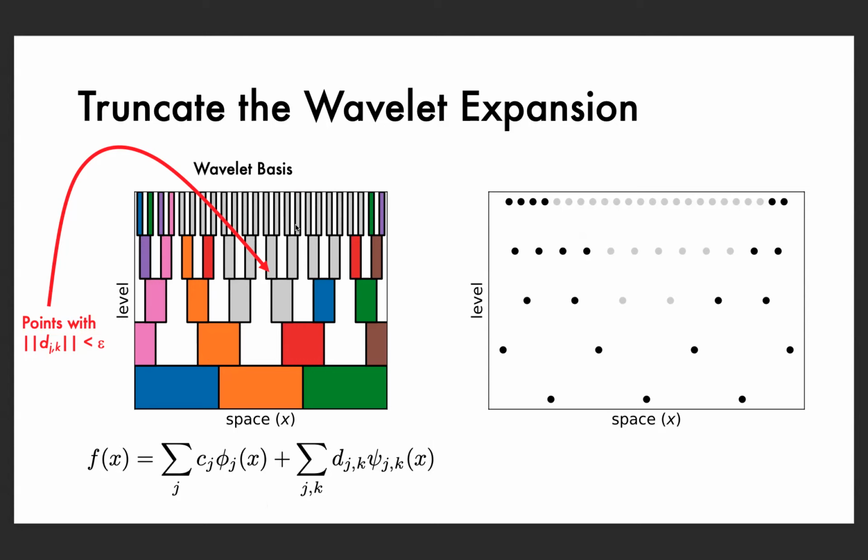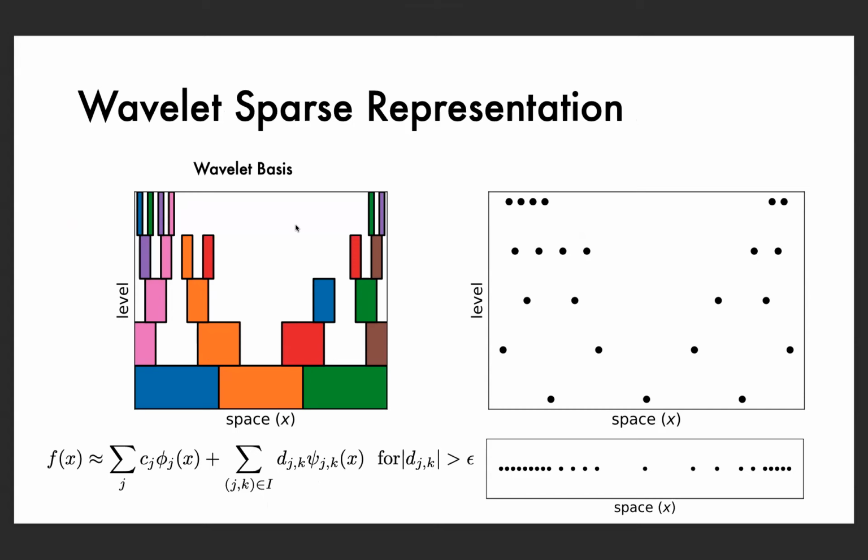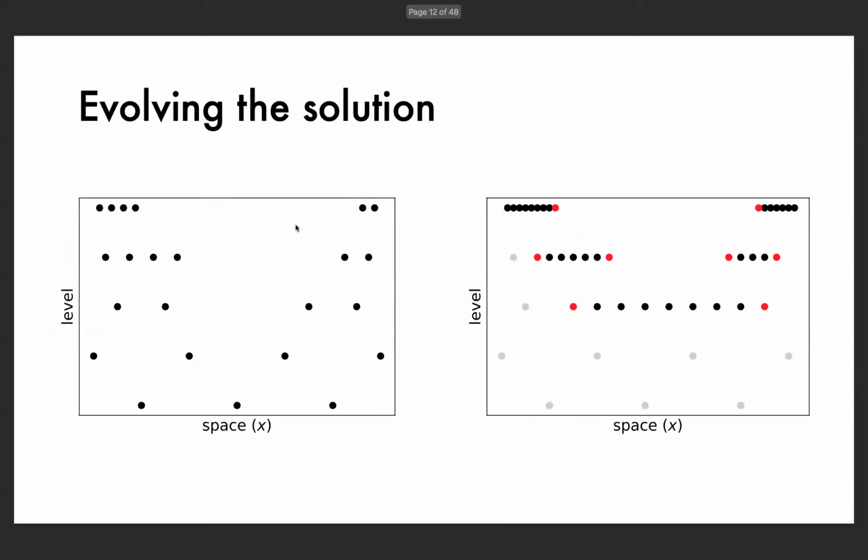And I can choose a scale factor, epsilon. And I could say that if those expansion coefficients are less than epsilon, I'm simply going to remove them, which then gives me the effect of having a coarsened grid. And then I can modify that for doing calculations.